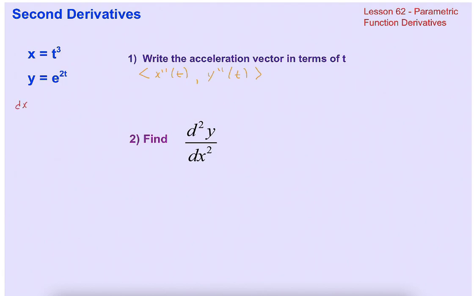We can find dx/dt is 3x squared. And so the derivative of that with respect to t, or d squared x/dt squared, the derivative of dx/dt with respect to t, I'm sorry, that shouldn't be 3x squared, that should say 3t squared. The derivative of that would just be 6t. Nothing tricky about that.